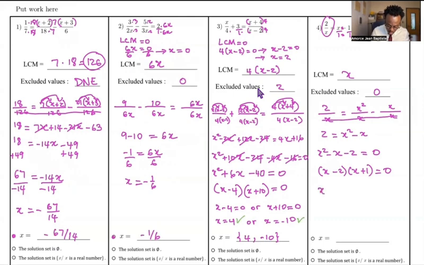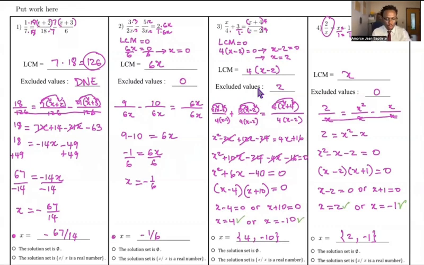So solutions, x minus 2 equals 0, or x plus 1 equals 0, x equals 2, or x equals negative 1. All of them are good because they're not rejected. So your solution here is 2, negative 1.